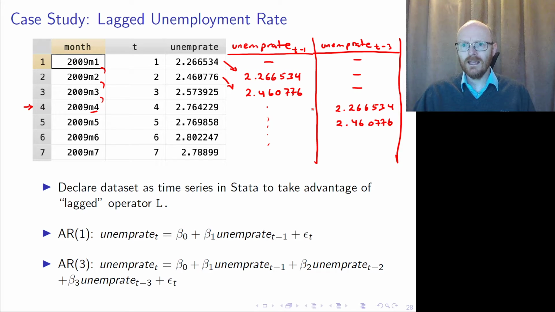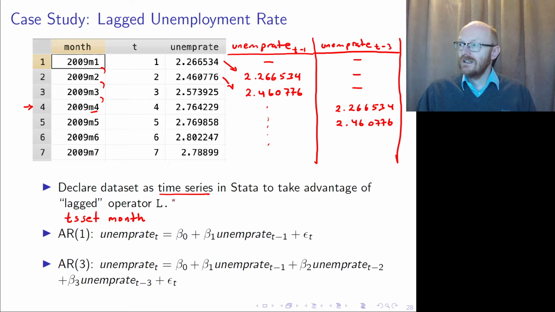What we do is declare the data set as time series to take advantage of the lag operator L. We say tsset month, because we have the month variable here, which is our time variable.